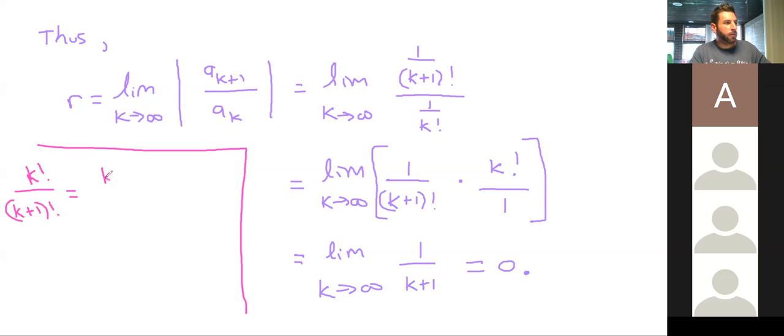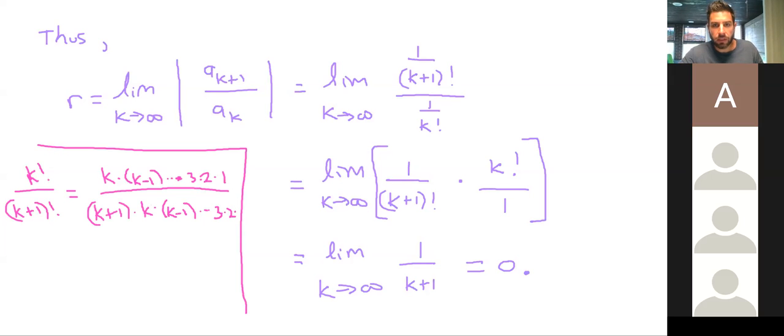Well, this is k times k minus 1 times k minus 2 all the way down to 3 times 2 times 1, and then this is k plus 1 times k minus 1 times all the way down to 3 times 2, etc. And so what happens is everything cancels out.